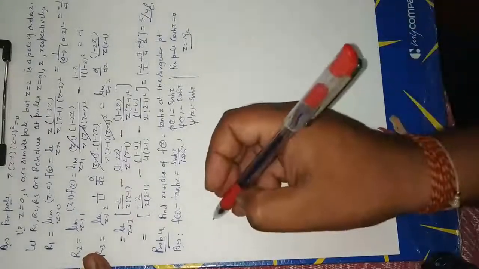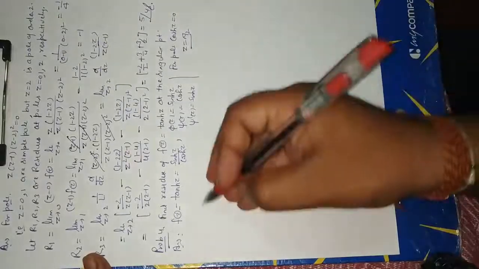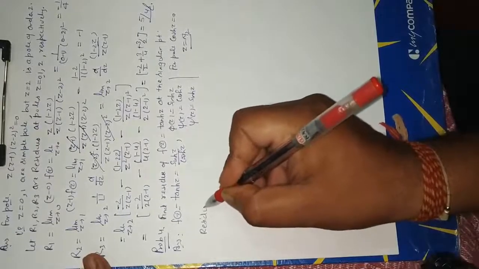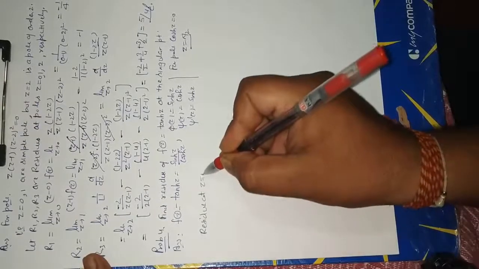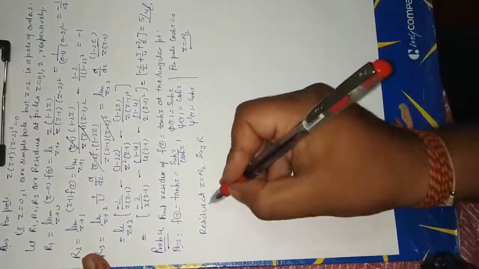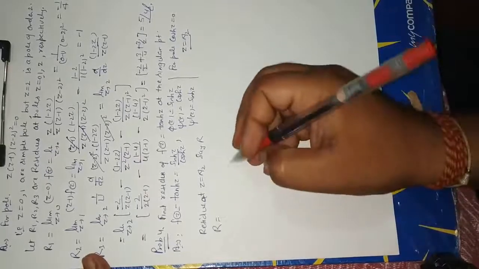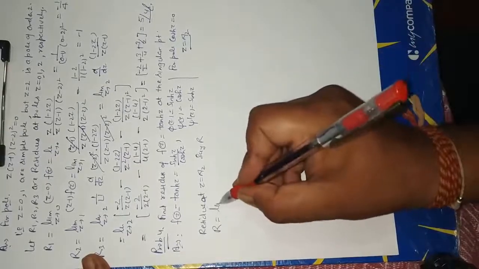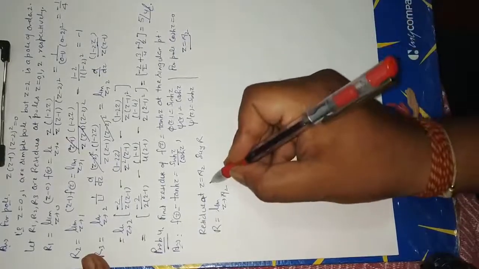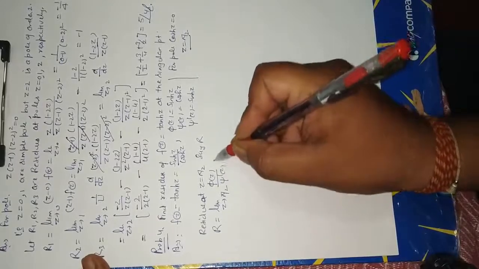Now the residue at z is equal to pi by 2, say r. We can write r is equal to limit z tending to pi by 2 of phi(z) upon psi dash z.